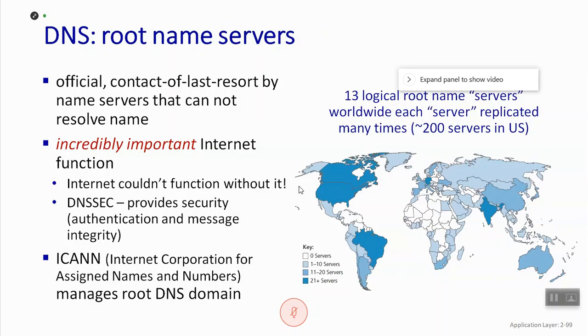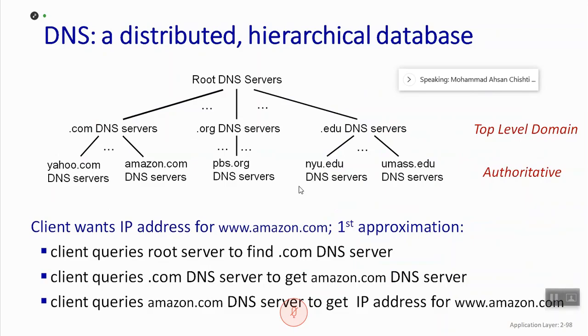And then we also have top level domain names as well as authoritative domain names. Top level domains are .com, .org, .edu, .aero, .jobs, .museum, and so on. And also there are top level domain names for each country, like .in, .uk, .fr, and so on.